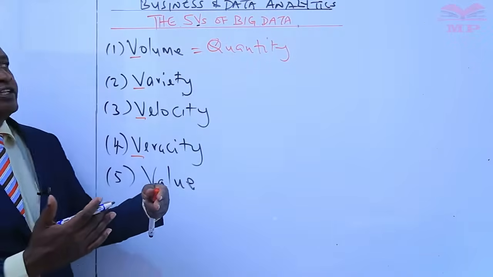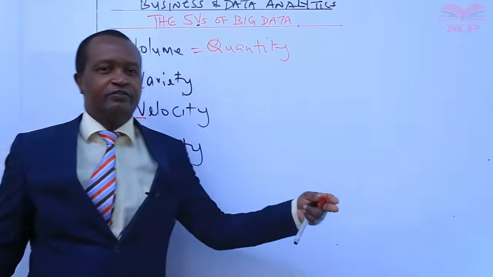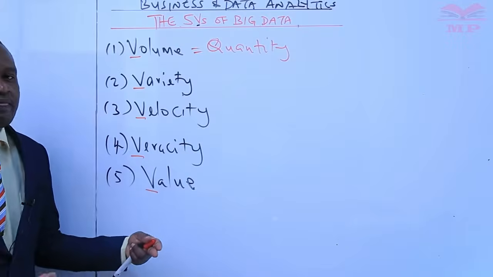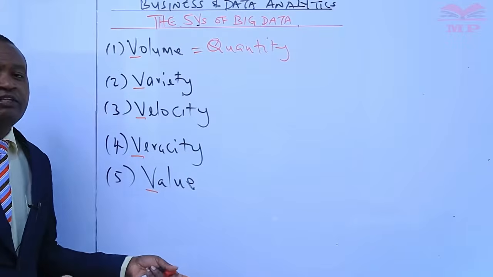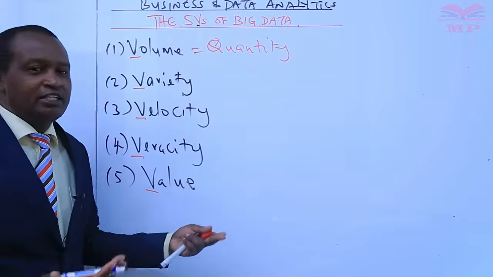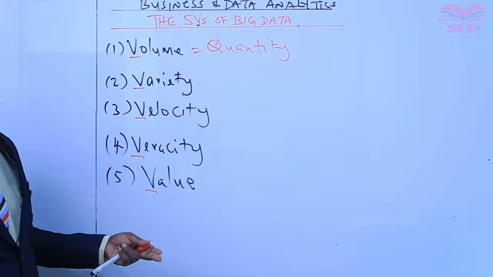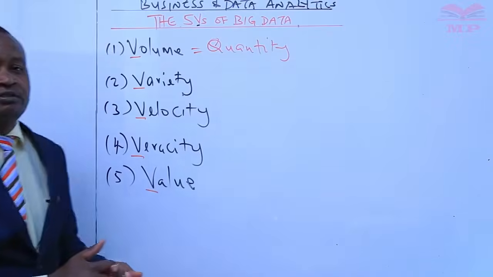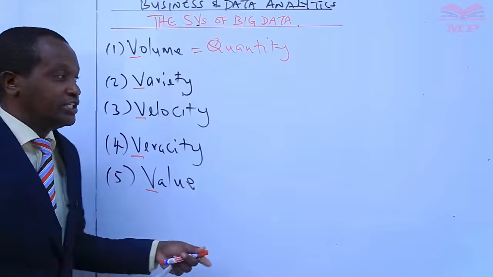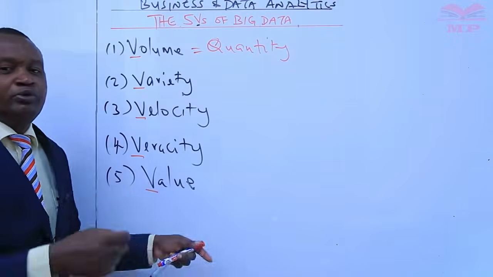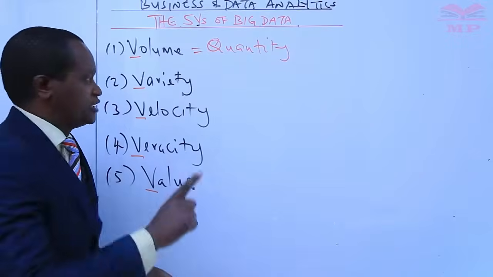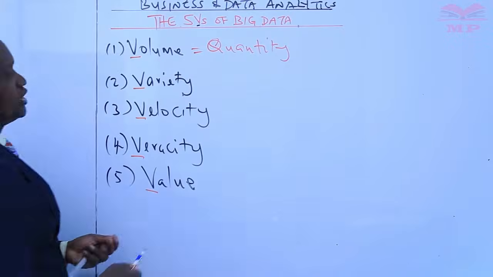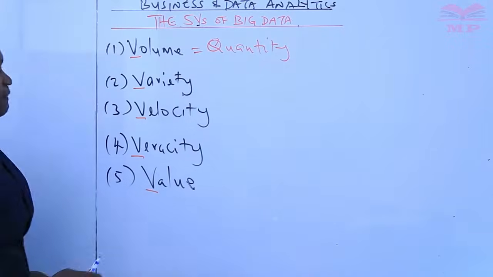If the volume is large enough, it can be considered big data. But what is considered big data is relative. What is big data to company A may be small data to company B, and may also change depending on the available computing power on the market.